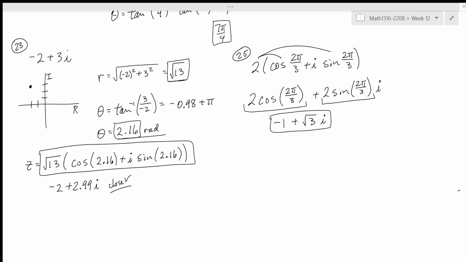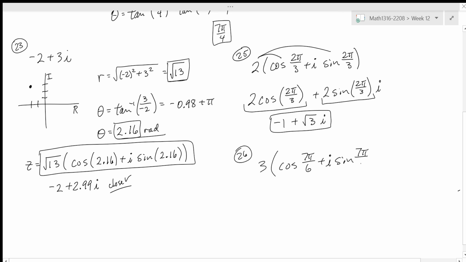Let's do number 26. And that's going to be 3 cosine 7 pi over 6 plus I sine 7 pi over 6. And let's convert that from polar to rectangular.